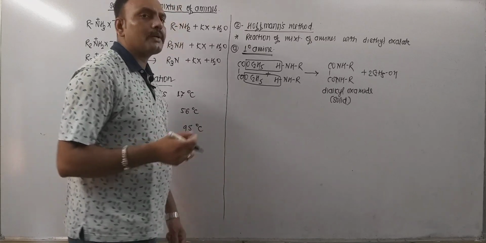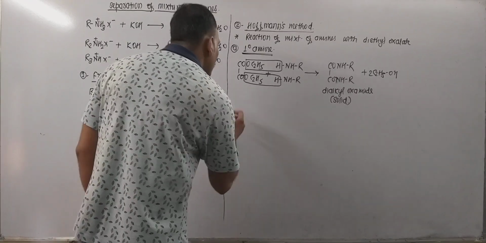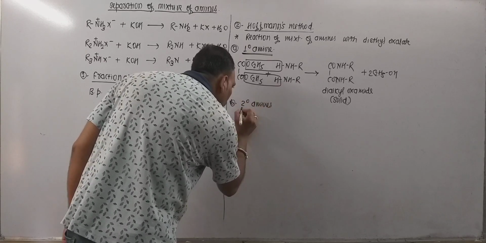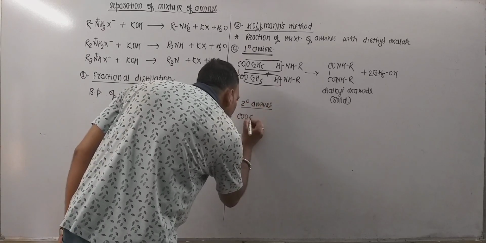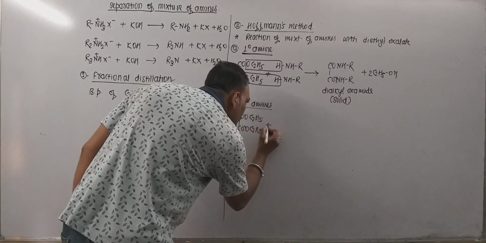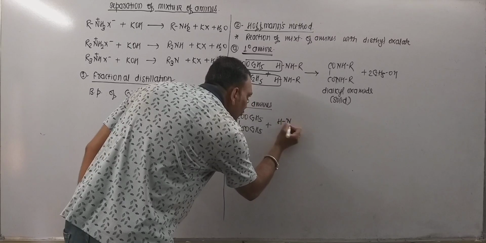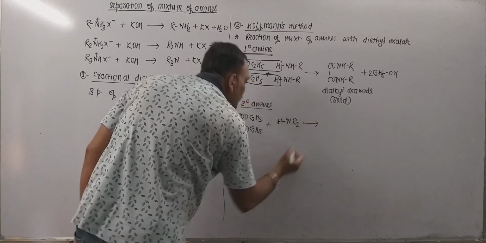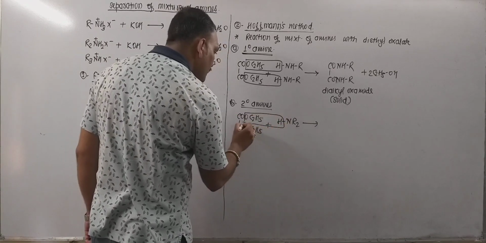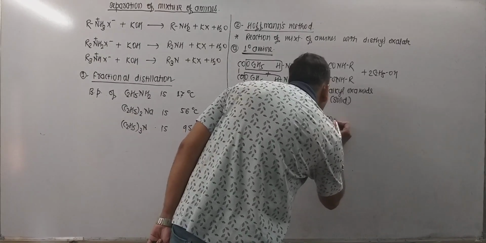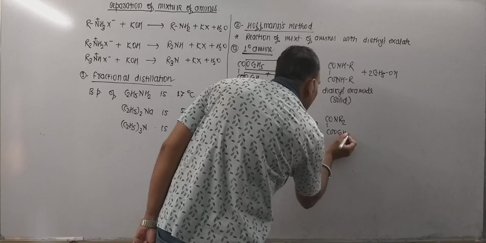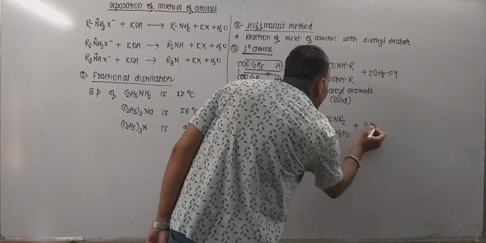Then what will be the response of secondary amine? What do secondary amines do with this? So this is our diethyl oxalate. When reacted with secondary amines, ultimately a product is obtained that can be given in this manner, along with ethyl alcohol.